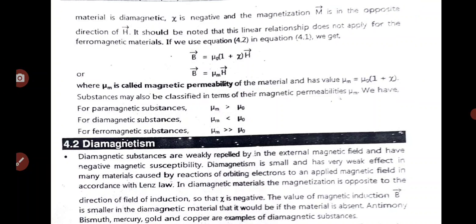So if a material is placed in an external magnetic field, the interaction between the external magnetic field and the orbiting electrons is understood through Lenz's law. In a diamagnetic material, the magnetization is opposite to the direction of the field of the induction.